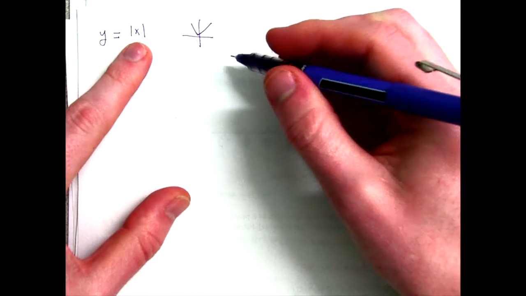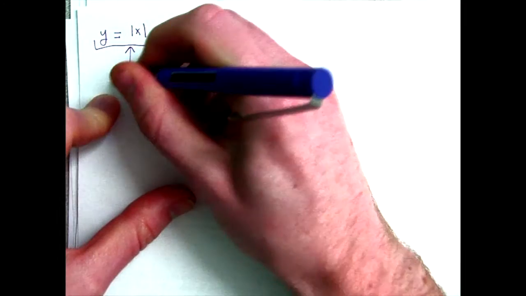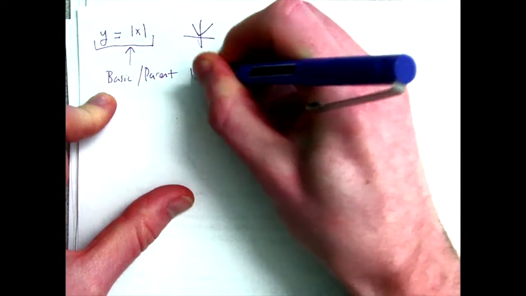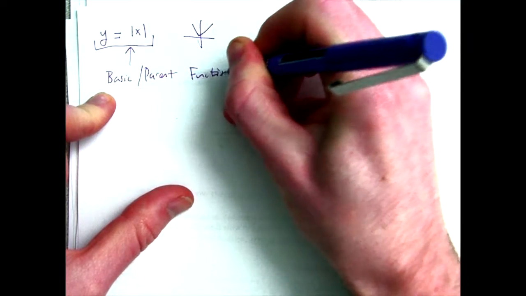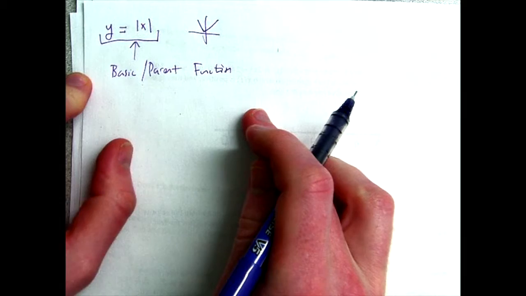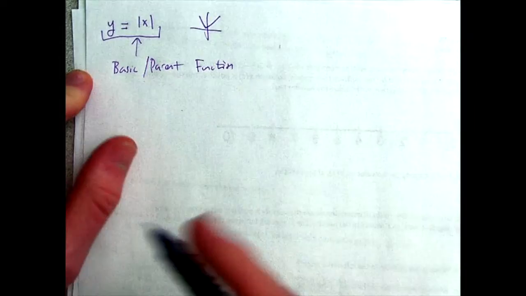And what you could do with all of that is basically, this thing here is the basic, or sometimes called the parent function, right? And then after you apply a bunch of transformations, like vertical shifts or stretches or whatever, you wind up with a new function whose graph is related to this, but a little bit different.